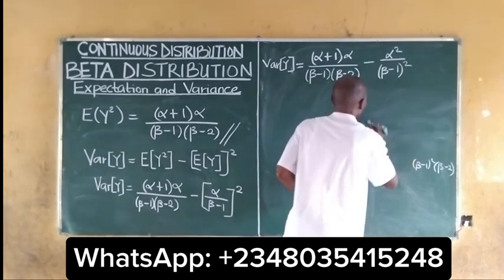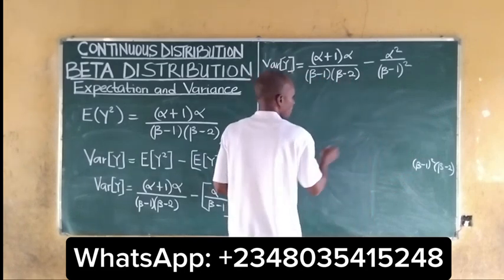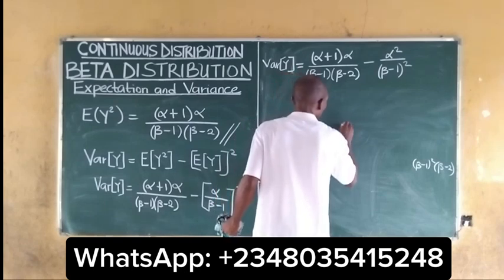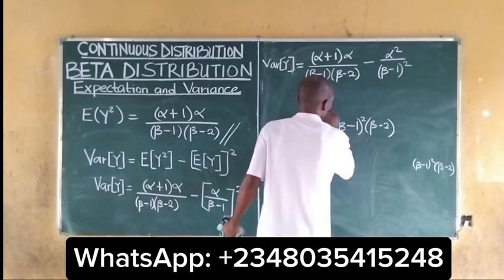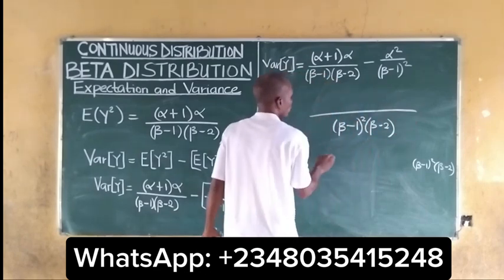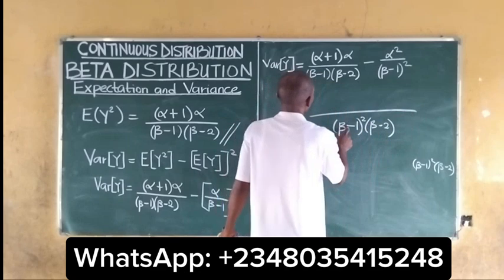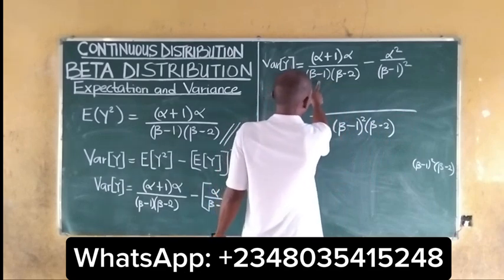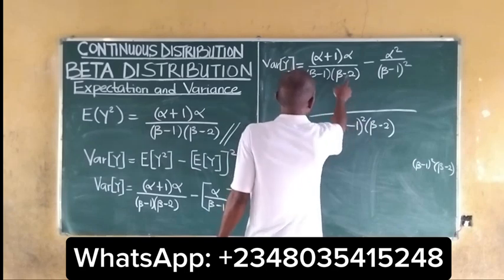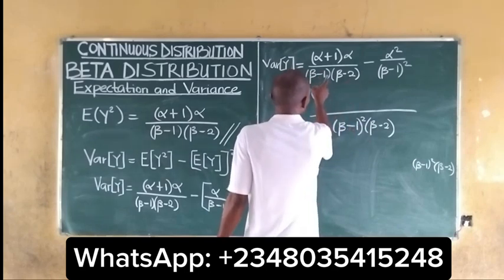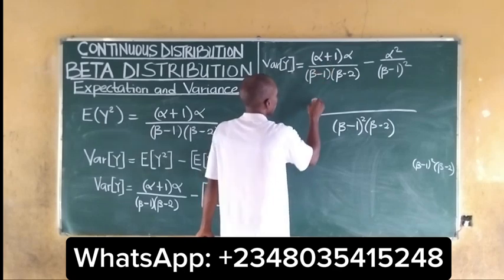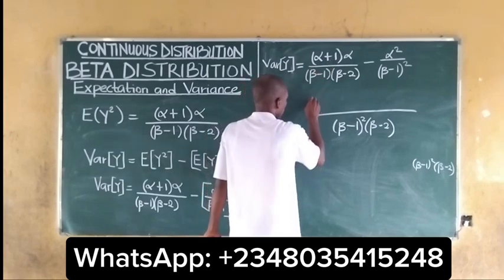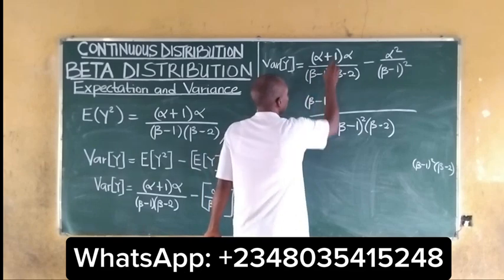We now use the LCM to simplify the whole of this. It then means that we have beta minus 1 squared and beta minus 2. So this goes into this, and this will cancel this. This will also go here. So we just have beta minus 1. So we multiply beta minus 1 with this to give us beta minus 1 multiplied by this.